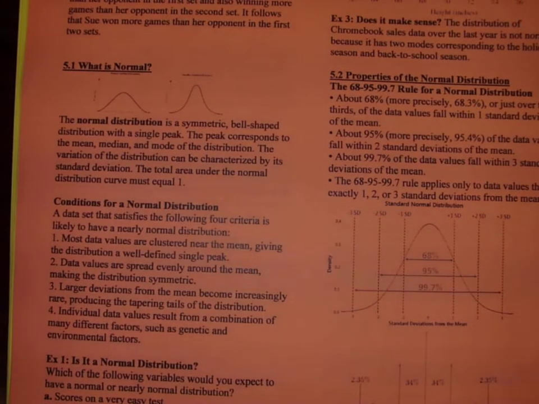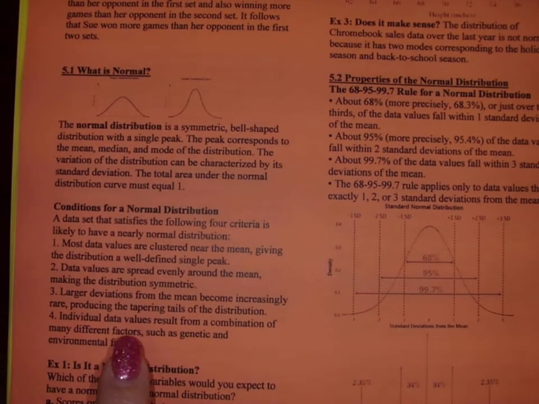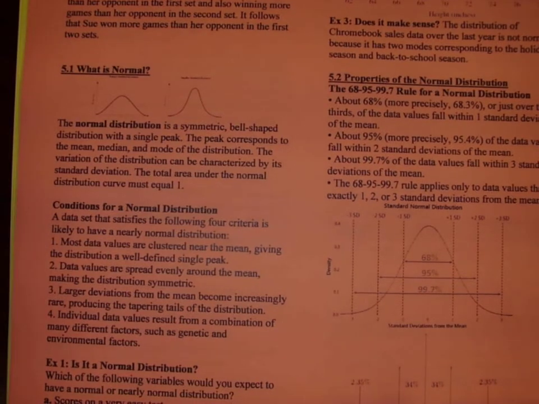The data values are spread evenly around the mean, making the distribution symmetric. The larger deviations from the mean become increasingly rare, producing the tapering tails on the side. And individual data values result from a combination of many different factors, such as genetic and environmental factors.